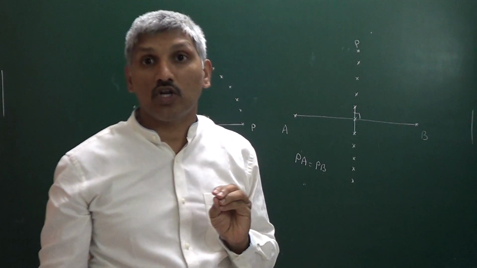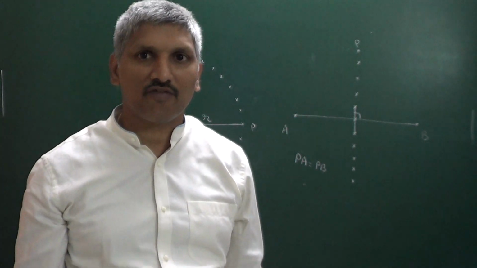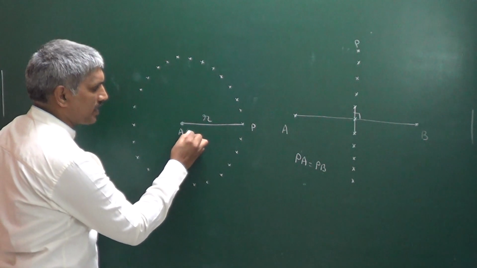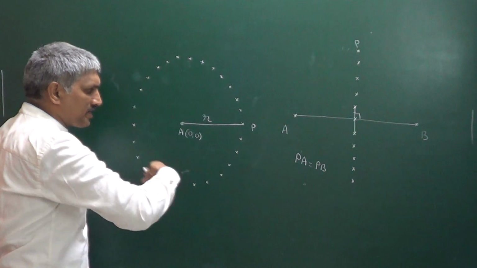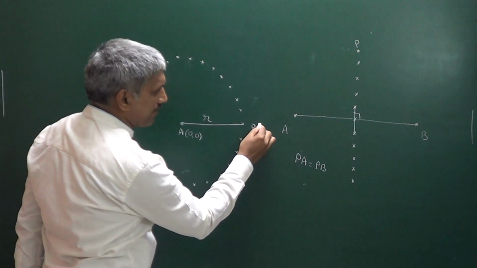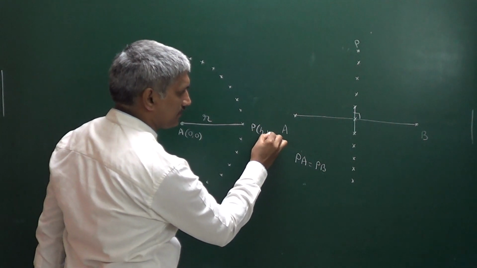So that is about the locus, and now we are going to discuss how to find the equation of a locus. Here I am taking a fixed point, let us say the origin, because we have to find the locus equation of all these points. So I am taking this point as h comma k.